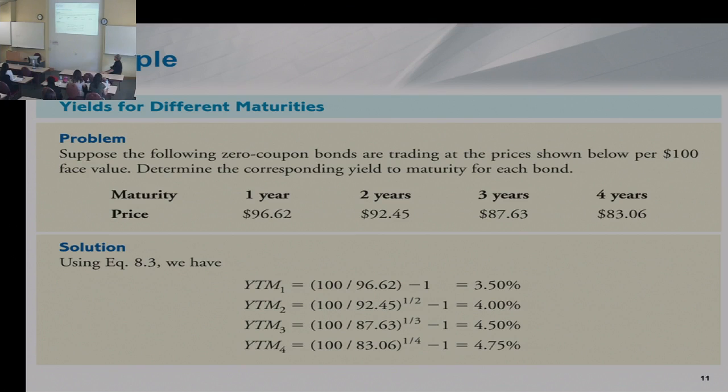The 2 year bond has a yield to maturity of 4%. The 3 year bond has a yield to maturity of 4.5%. The 4 year bond has a yield to maturity of 4.75%. So the interest rates are getting bigger.